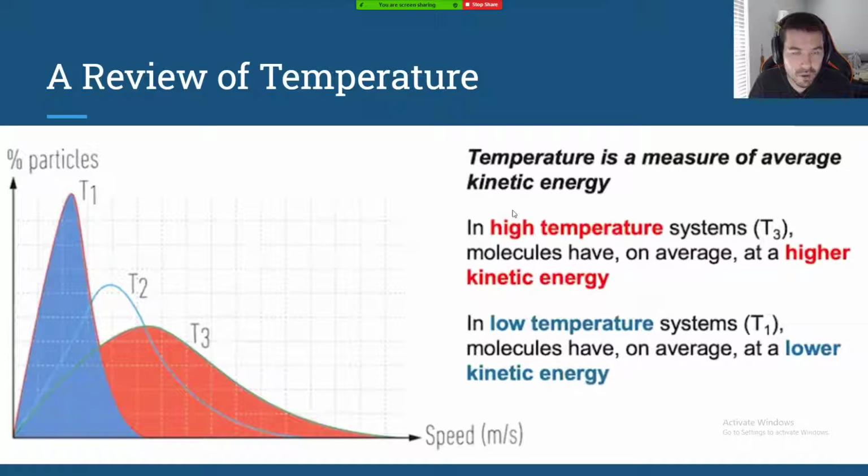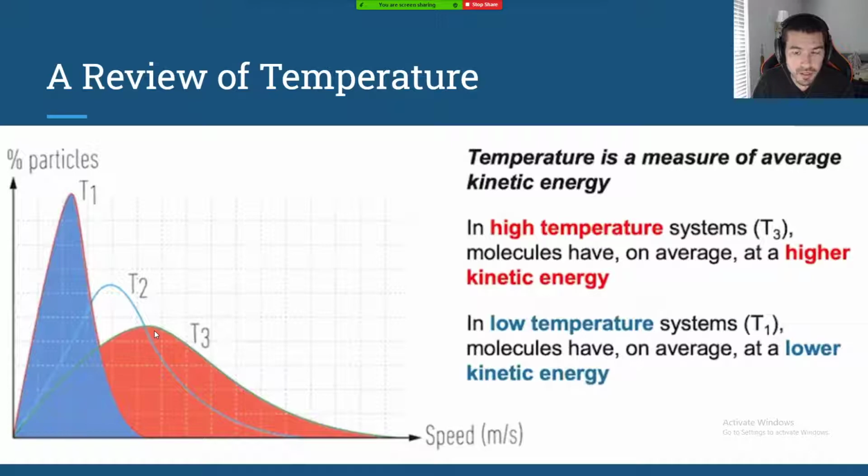At high temperature, your particles are going to be moving faster on average. So the average would be kind of like the peak of this graph. You're of course going to have some that are going slower, some that are going faster, and a lot that are going at this median or mean speed.